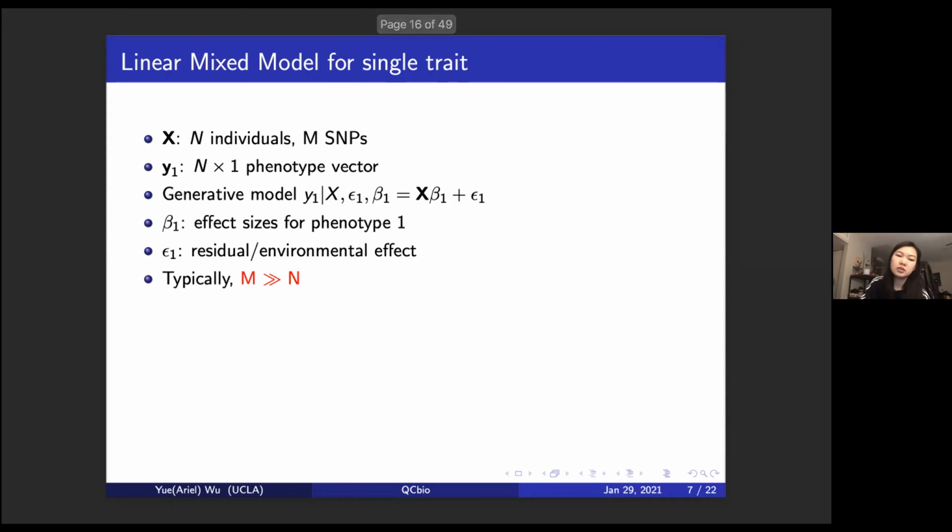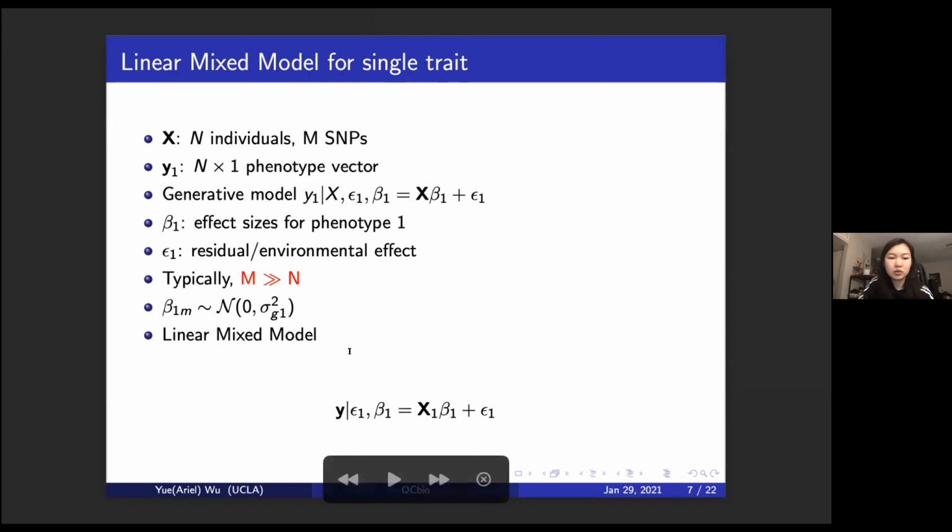Typically in most cases, we have more genetic variants than the number of samples. That's why we usually assume that the effect sizes come from a normal distribution, which has zero mean with some variance, sigma G1 squared. With this assumption, this is what we call the linear mixed model.